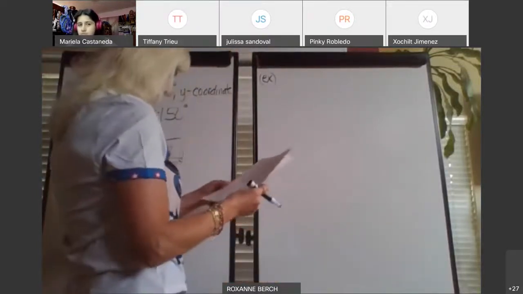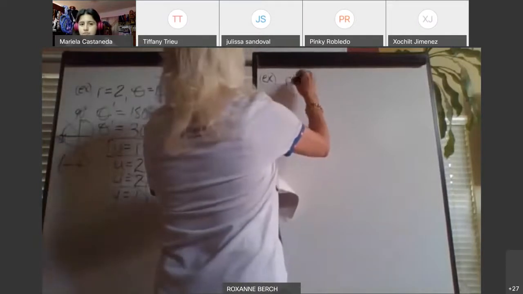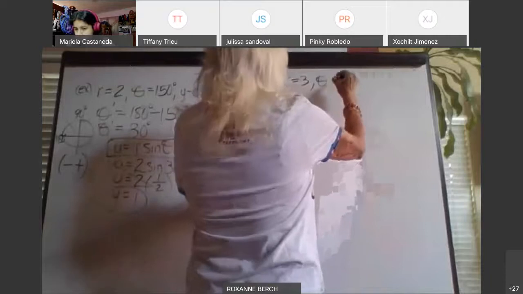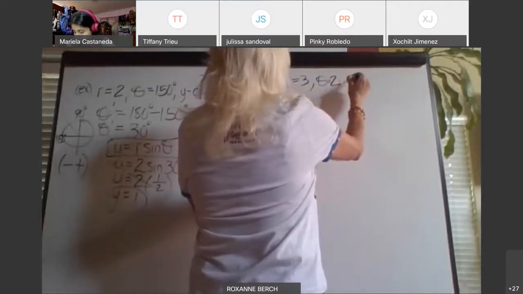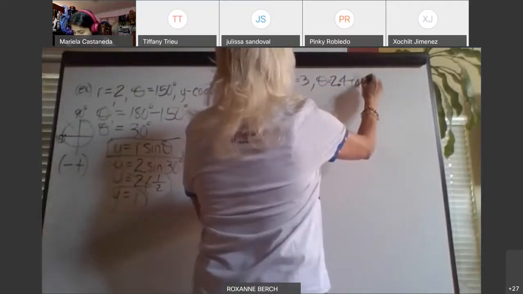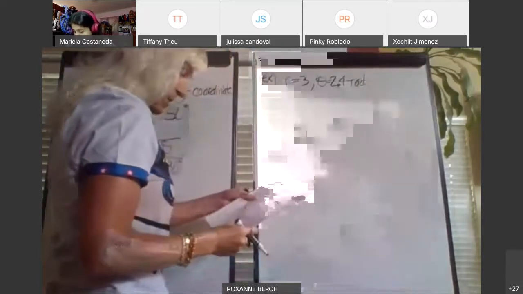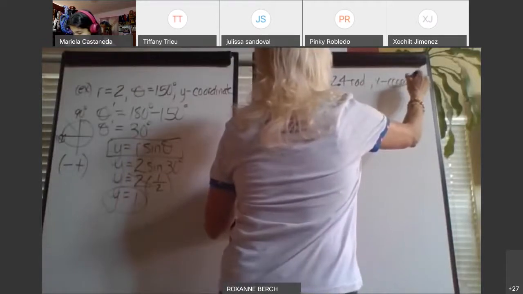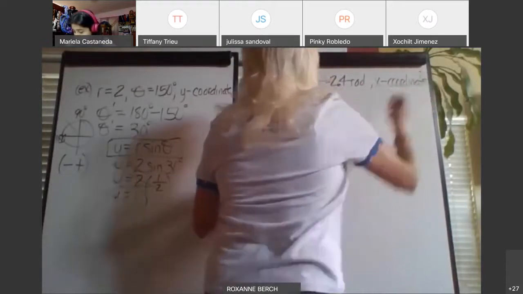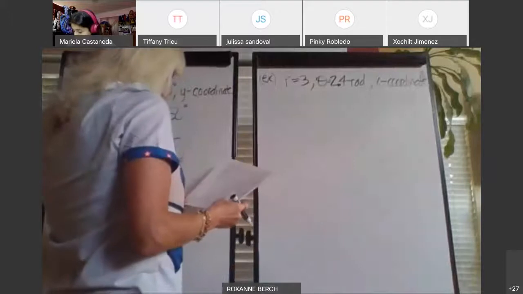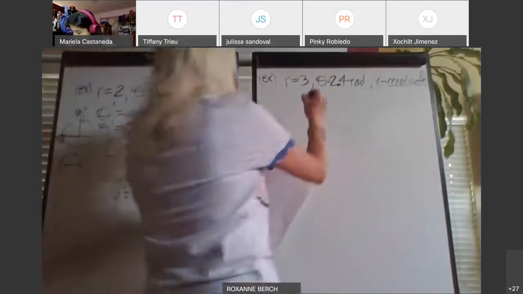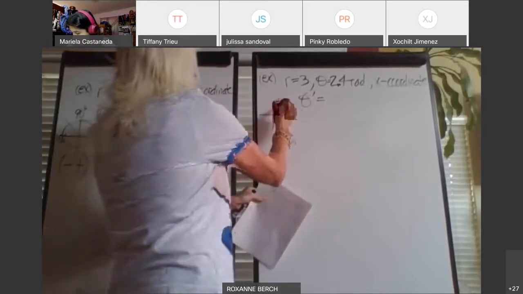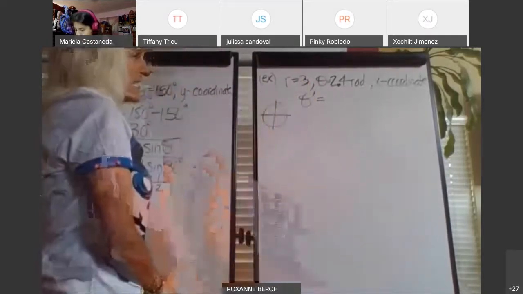Yeah, okay. So in this one, the radius is 3. Theta is 2.4 radians. So there's a decimal, which leads me to believe we won't be able to do it by hand. And then we want to find the x coordinate. So once again, we find the reference angle. And we go 2.4, that's 2 radians.